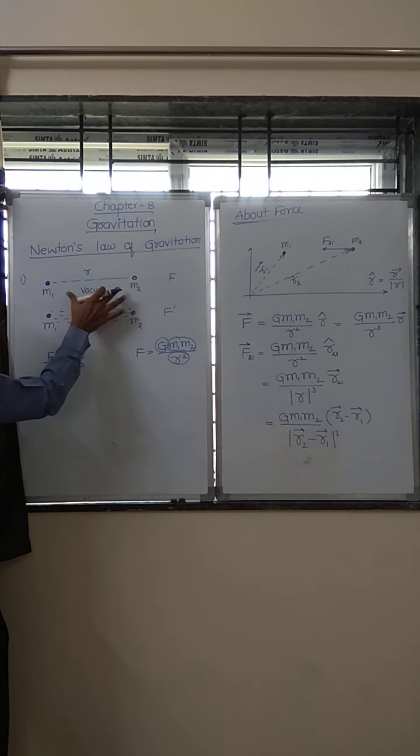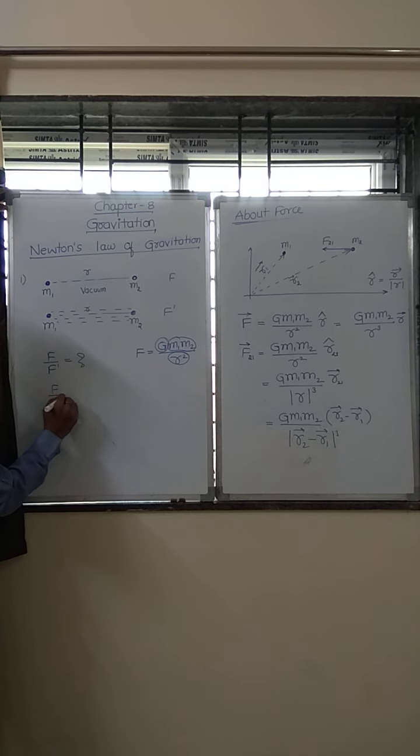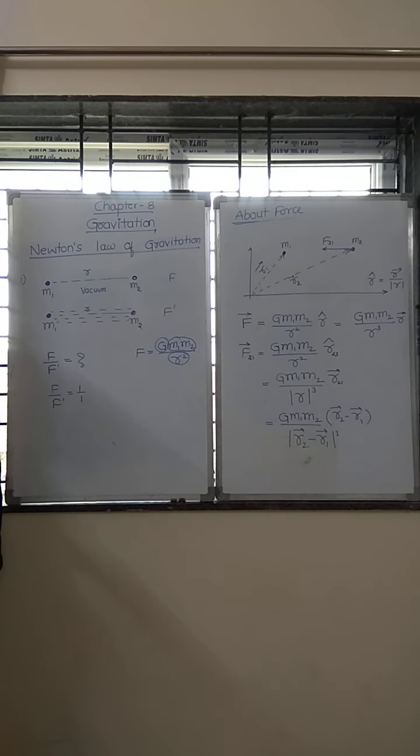Therefore the force in case 1 and case 2 are equal. Therefore the ratio F by F dash will be 1 by 1, or 1 is to 1. That's my example number 1.